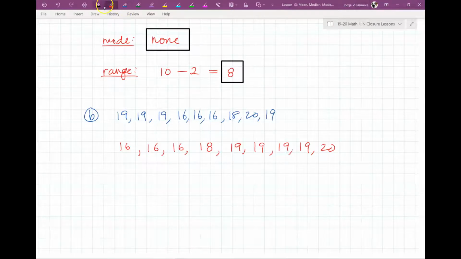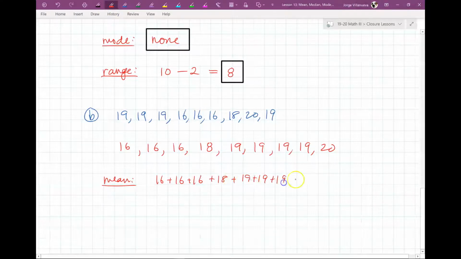So let's find the mean, median, mode, and range. So to find the mean, I'm going to get 16 plus 16 plus 16 plus 18 plus 19 plus 19 plus 19 plus 19 plus 20, and divide all of that by 9, because that's how many numbers there are.